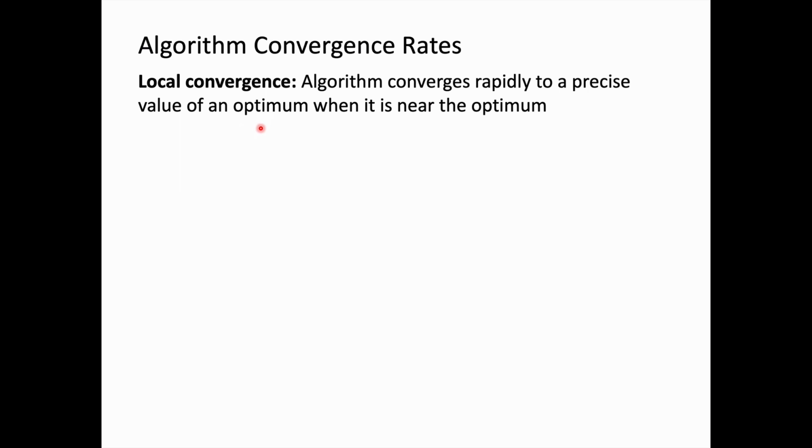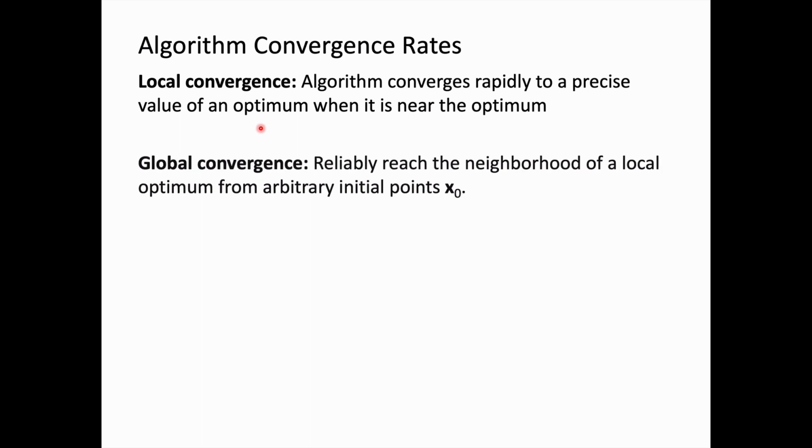There are a number of algorithms that have this really nice local convergence property, but those algorithms sometimes have some other problems, including with this issue of global convergence. This means that if we start at a starting point that is maybe farther away, not really close to a local optimum, if we have an algorithm that has good global convergence, then we are going to more reliably get to the local optimum.